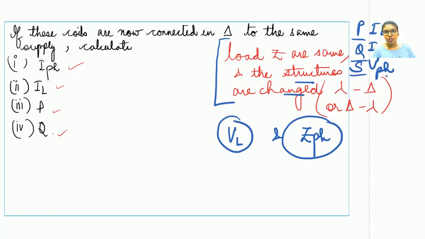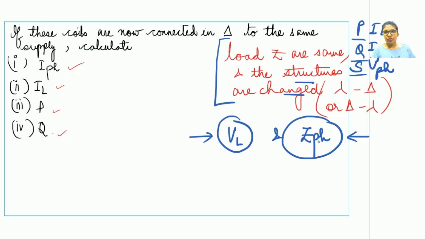They have to eventually change. So for a given question, when the load impedances are kept same and their structures are being changed from star to delta or vice versa, there will be only two parameters which will remain same. One is the line voltage, another one is the phase impedance of the load.